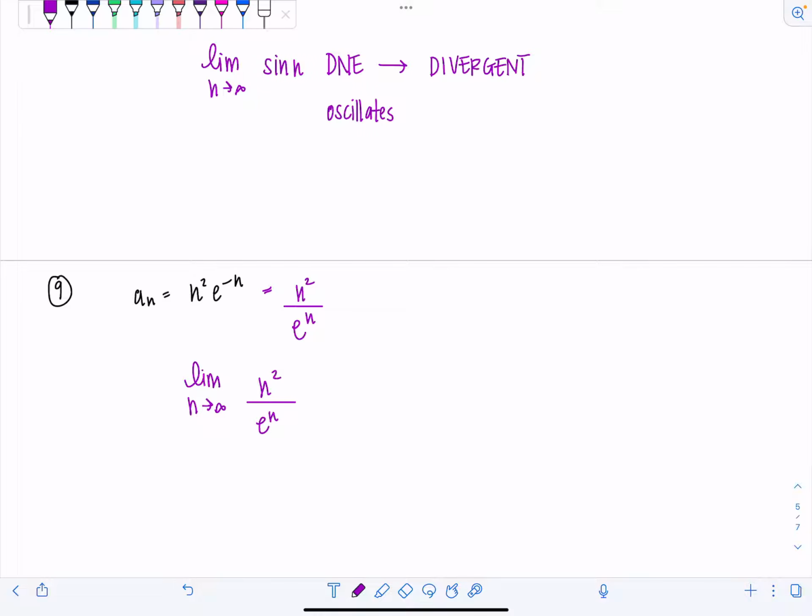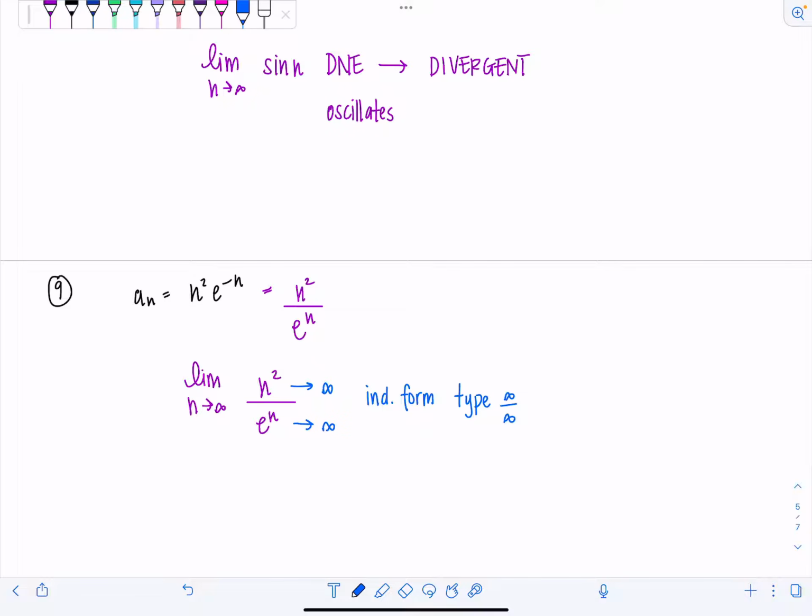It's not our typical rational expression where you just have polynomial in the top, polynomial in the bottom, right? We've got that e to the n. And as n approaches infinity, numerator approaching positive infinity, denominator also approaching positive infinity. So we actually have an indeterminate form of the type infinity over infinity.